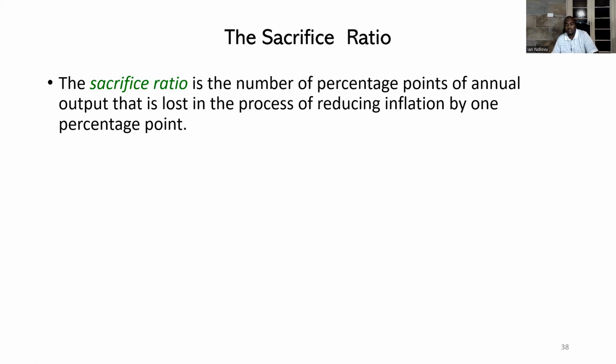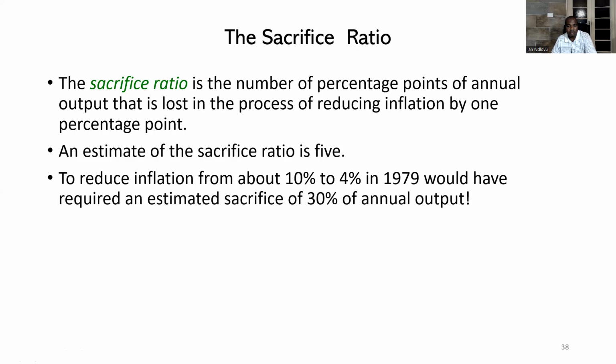So the sacrifice ratio is actually the number of percentage points of annual output which is lost in the process of reducing inflation by 1 percentage point. So you can have different figures for different economies and economic situations.